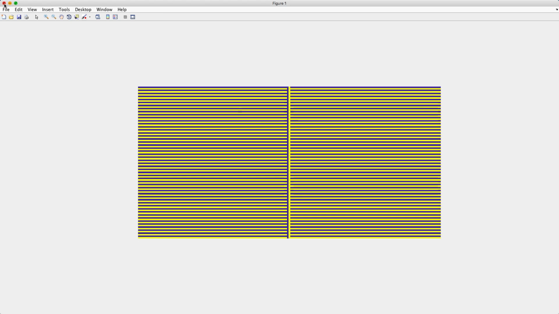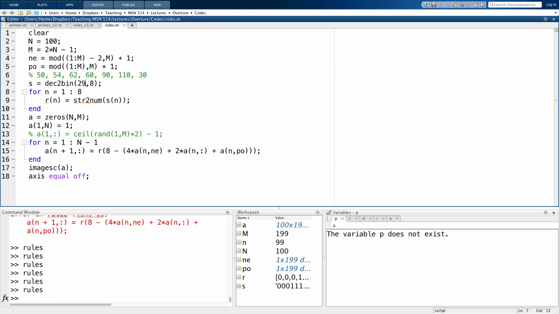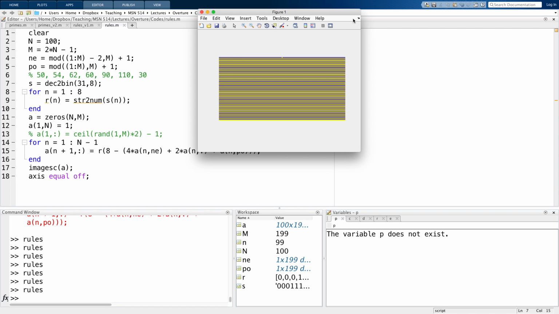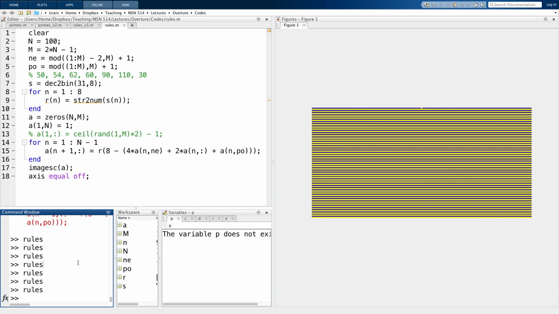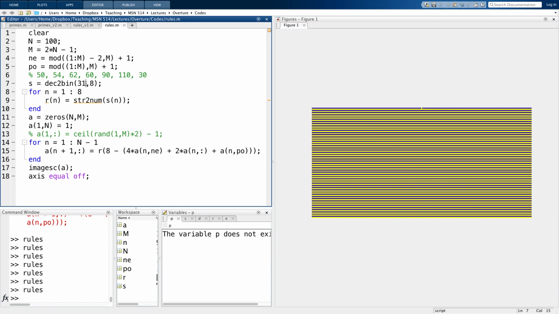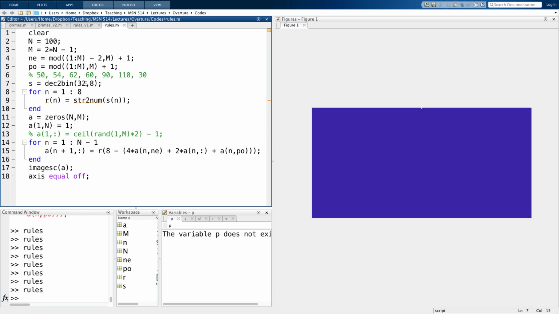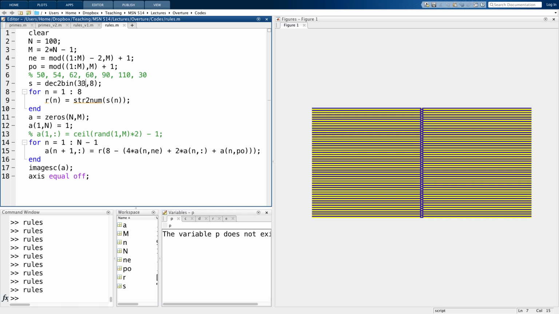What about 31? I can just put it down here, so we will not close it and open it all the way. So 32, let's run it. Nothing happens. 33, 34, 35.